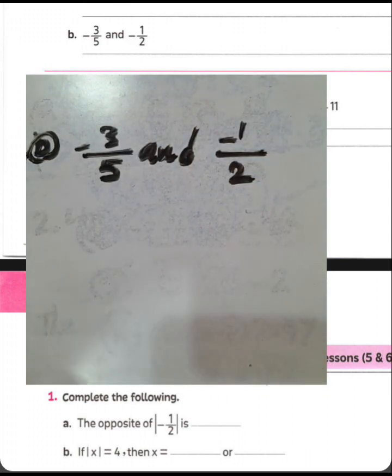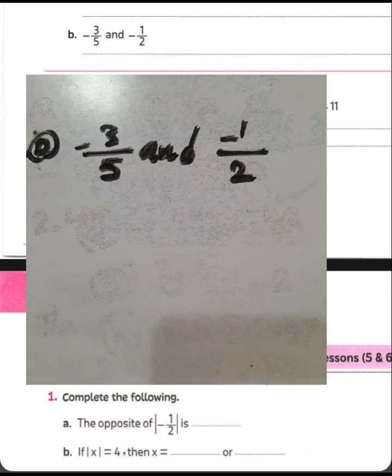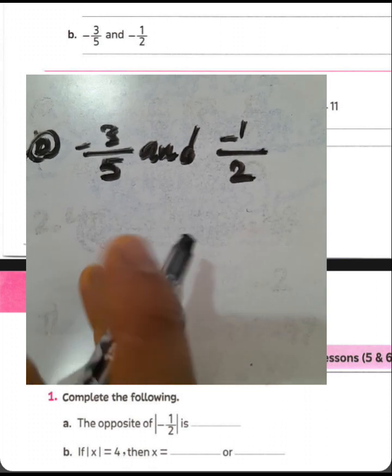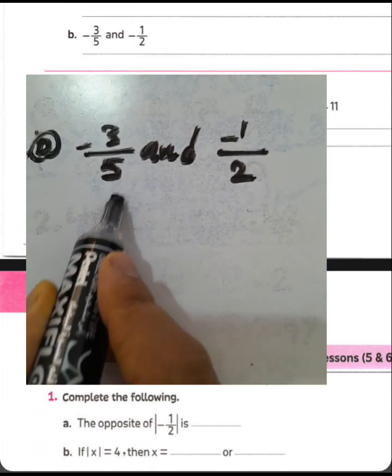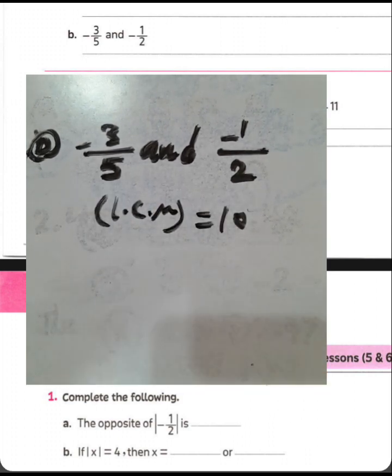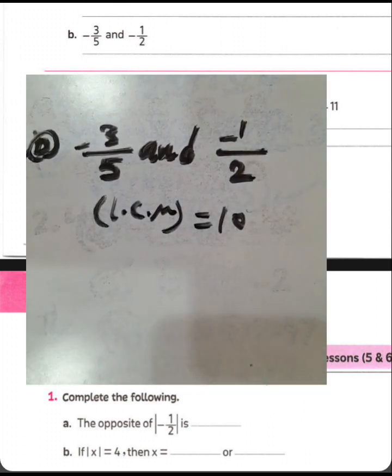We know we have infinitely many, because we can find the least common multiple between them. 5 and 2, the least common multiple will be 10, because 5 and 2 are prime numbers.